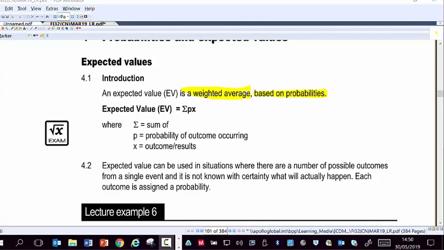Let's say there's a 30% chance that demand would be low, a 50% chance that demand is medium, and a 20% chance that demand is high. And we could use those probabilities and assign them to the different revenue outcomes that could arise under each of the demand situations.